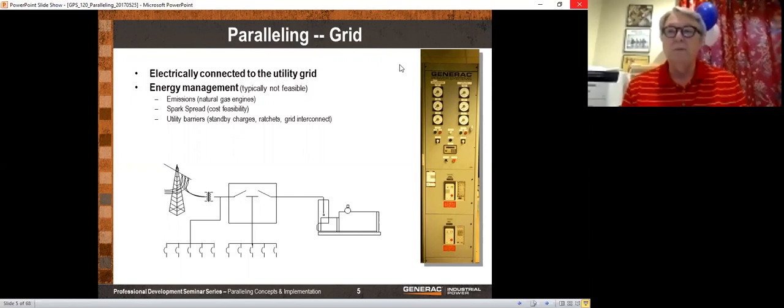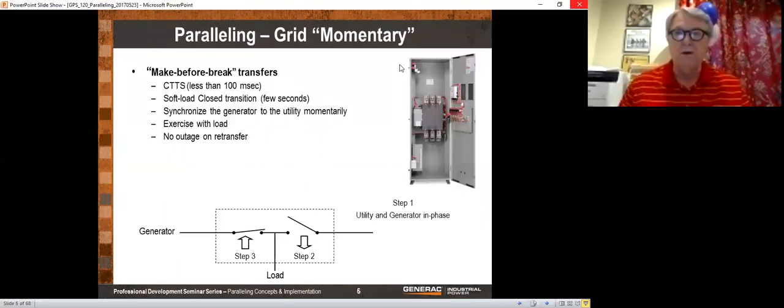Now, it is becoming more popular for people to use generators, particularly natural gas generators, to generate power into the grid only when there is a peak demand problem in the grid when they're running out of power. And what they typically do there is they simply take the plant off the grid, put the plant on the generator. So you simply take load off the grid. You don't actually generate into the grid, but it certainly is possible to parallel with the grid. And maybe one day we'll do a presentation on that alone.